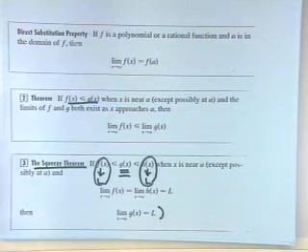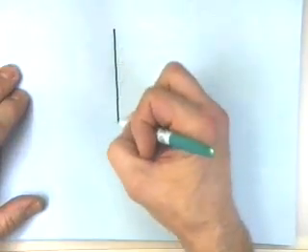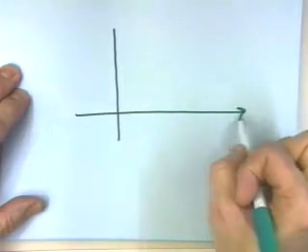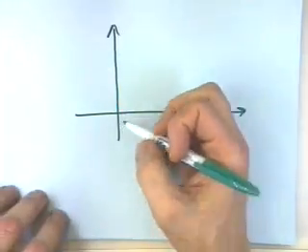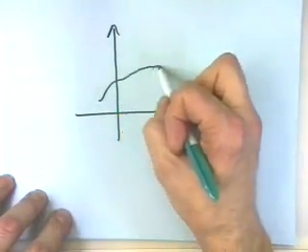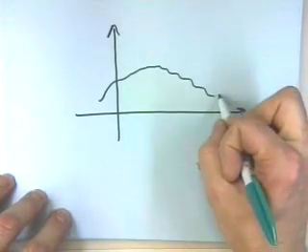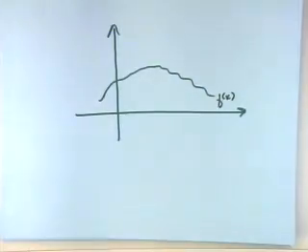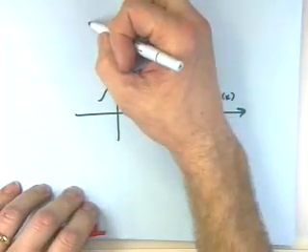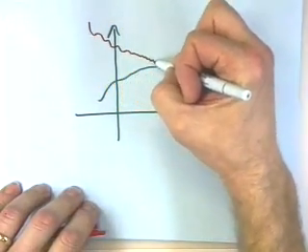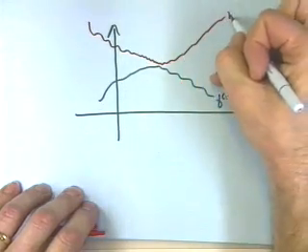Let's look at this in picture form. So let's say that the f of x is down here. Let's say that the h of x is up here.